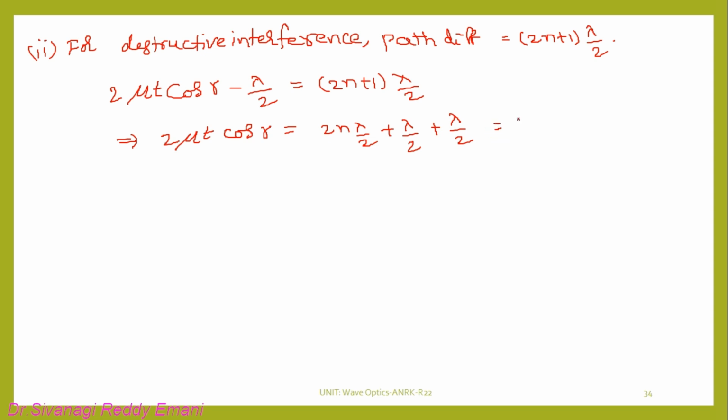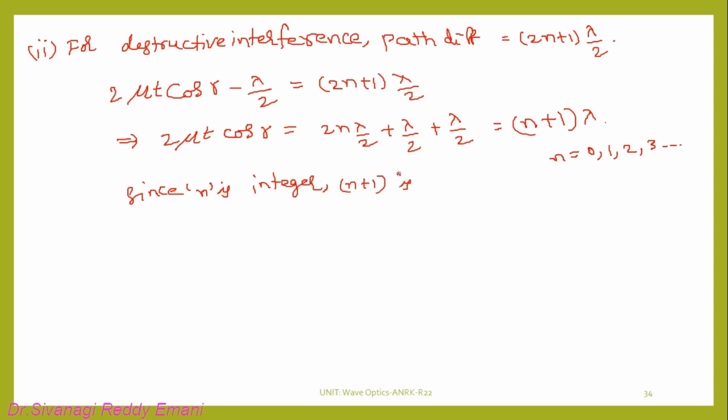On overall simplification, it simply becomes n plus 1 into lambda, where n takes the values 0, 1, 2, 3, like that. Since n is an integer, n plus 1 is also an integer.